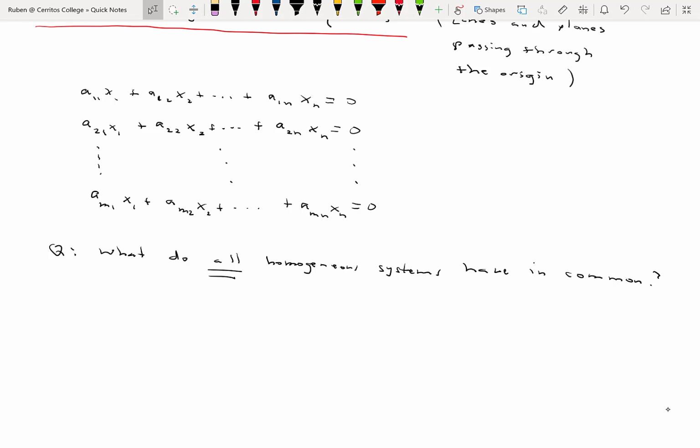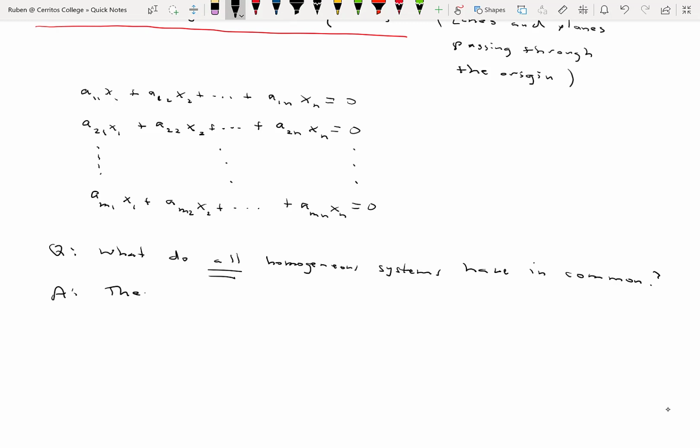Well, if the homogeneous system represents planes and they all pass through the origin, that means the origin is always going to be a solution to each of the equations, which means that they're all consistent. All homogeneous systems are consistent.